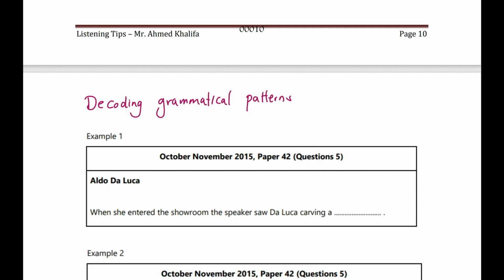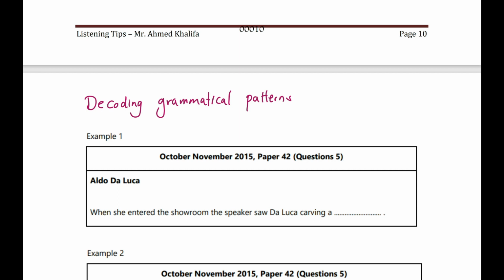Be careful. You will use this, and it will make things easier. It will make listening a walk in the park, believe me. I believe that being able to decode grammatical patterns is the most useful hack for you while you are doing the listening. Okay?